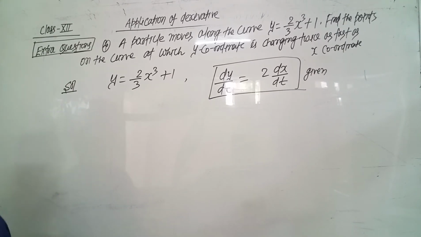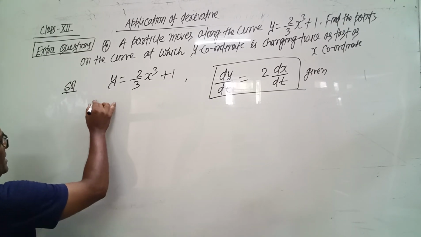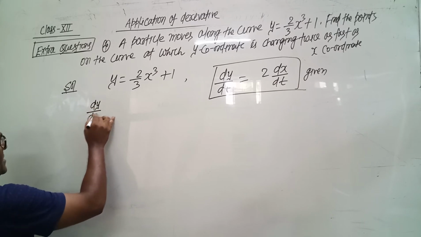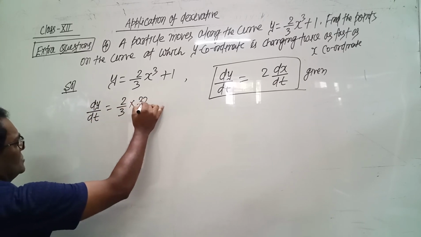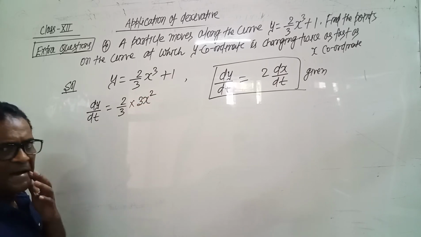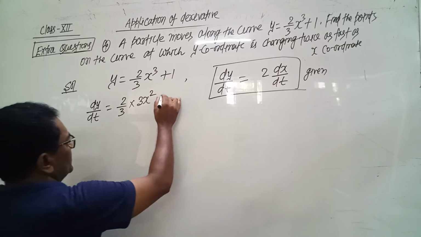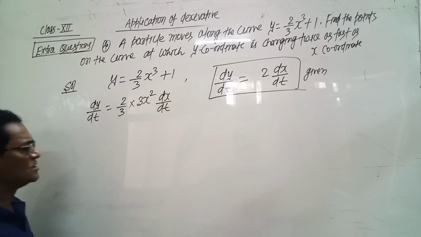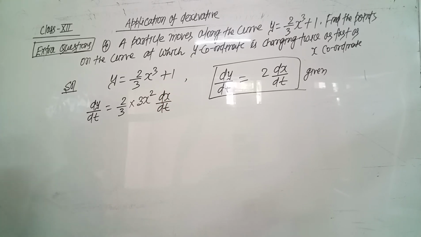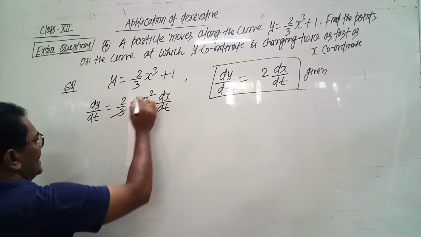So differentiate both sides with respect to t. dy by dt: 2 by 3 is the constant term. Differentiation of x cube is 3x square, and differentiation of x with respect to time is dx by dt, and 1 is the constant term. Its differentiation will be 0. 3 and 3 cancelled.